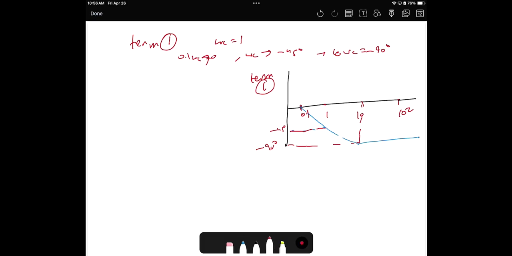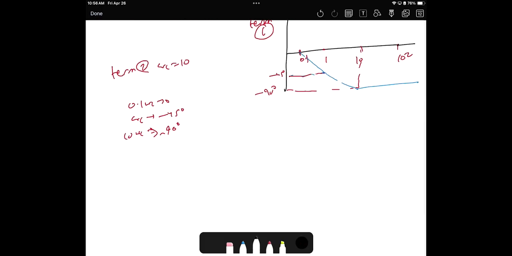How about term 2? Term 2, omega c equal to 10. At 0.1 omega c the phase is 0, at omega c it will be 45 degrees, and at 10 omega c it will be 90 degrees.